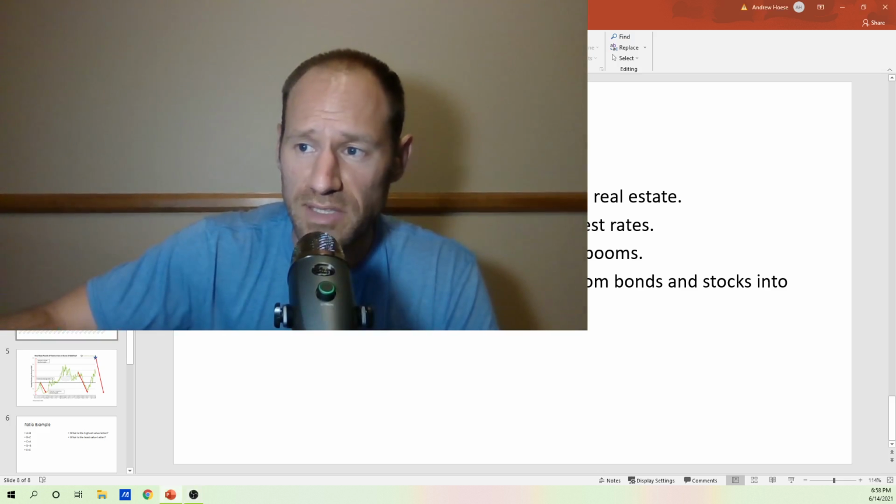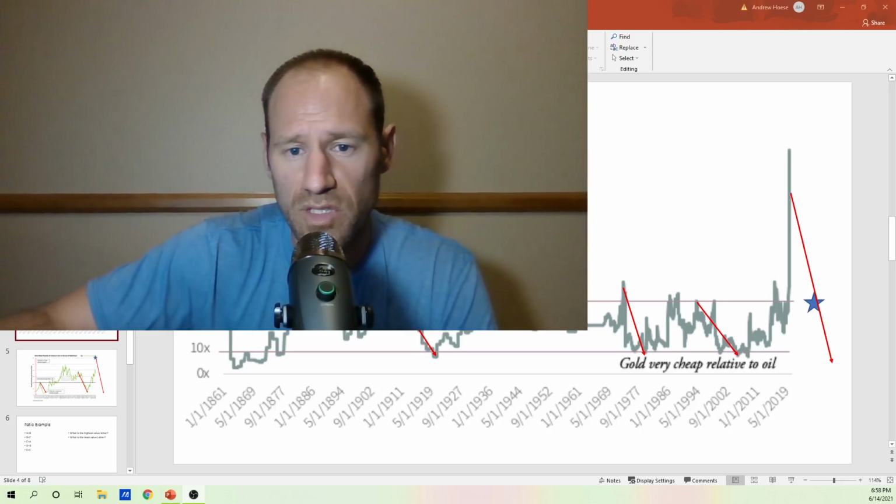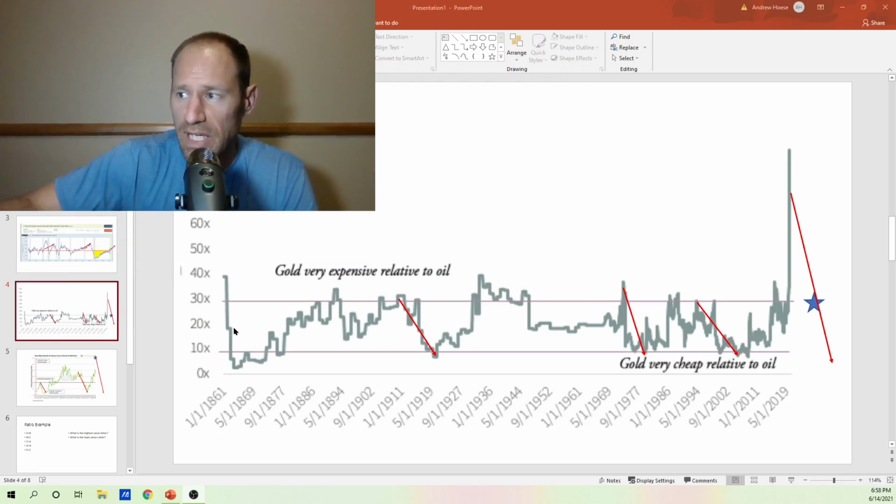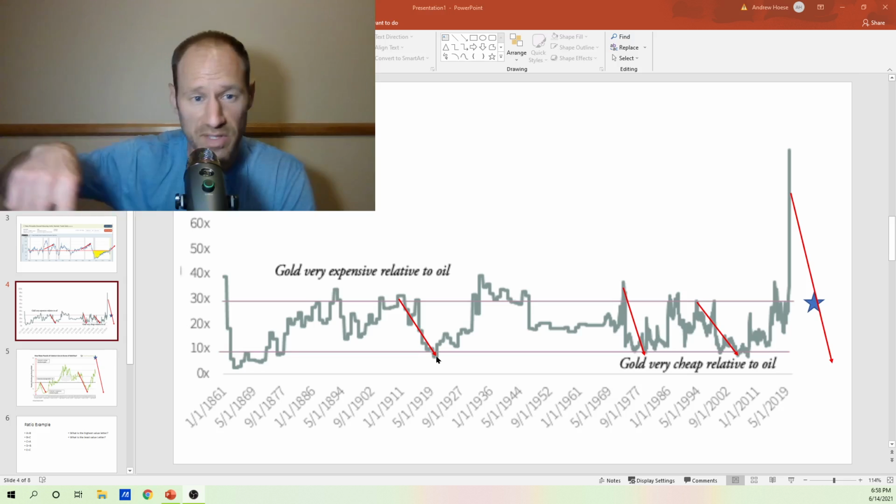If you look at some of these ratios, this is the oil to gold ratio that I'm showing you. It goes up and down through here. What you do is you can buy it here cheap, it goes down, comes up, you buy it again cheap, and then you ride it all the way down and sell here. It doesn't mean the ride's going to be easy. Doesn't mean it's going to be in a year or two. You may have to ride this thing back up and down all over the place.